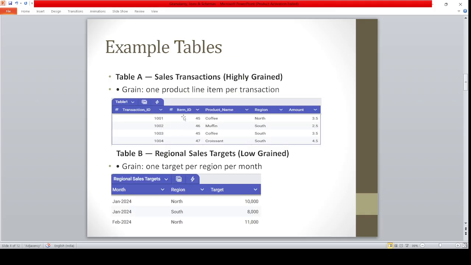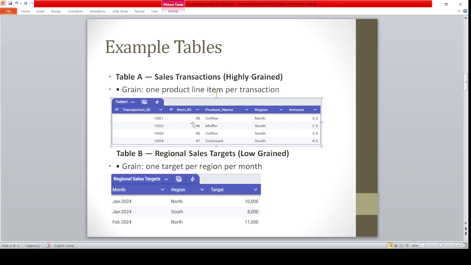So here I will give you a clear example. You will definitely be able to understand what I mean regarding granularity mismatch. See, the sales transaction table is highly granular. Here, for every transaction ID, it has the product name, region and amount.